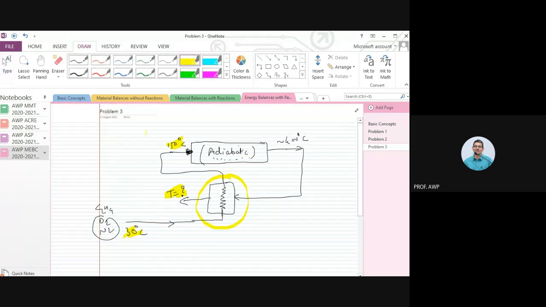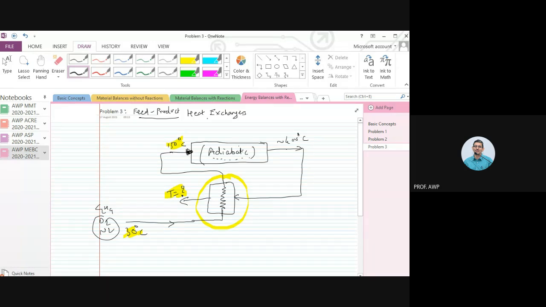So these kinds of heat exchangers are called feed product exchangers. It is exchanging heat between feed and the product. And this is one very common way of doing things in a plant.